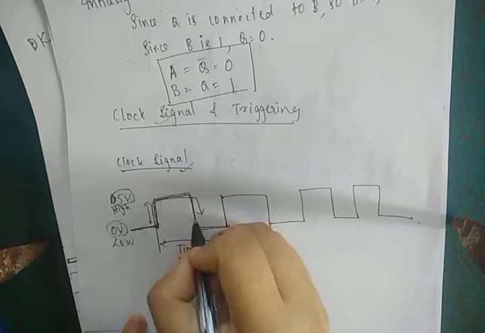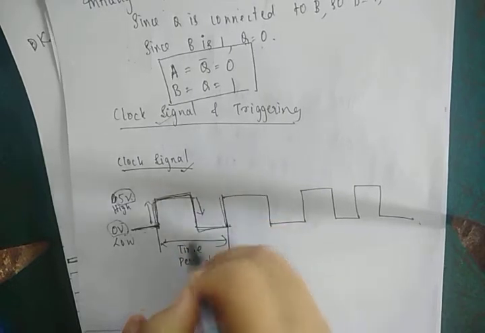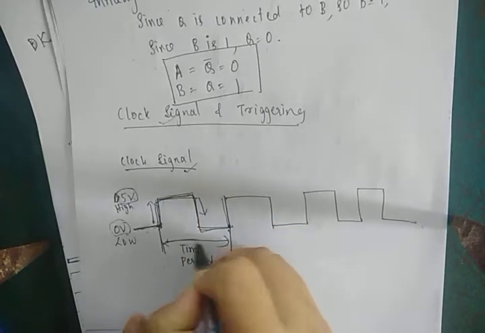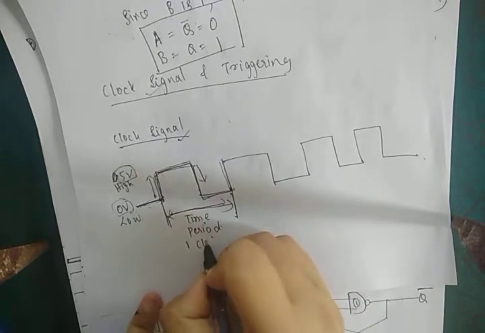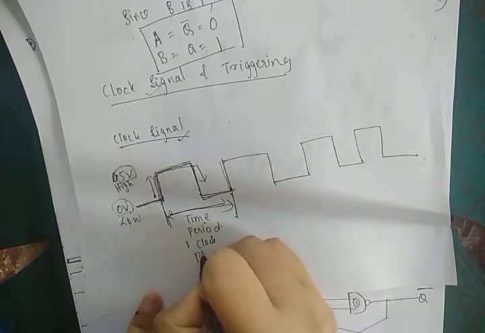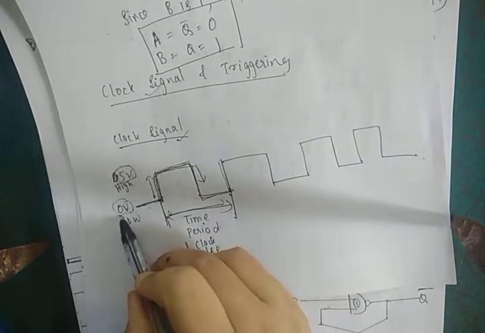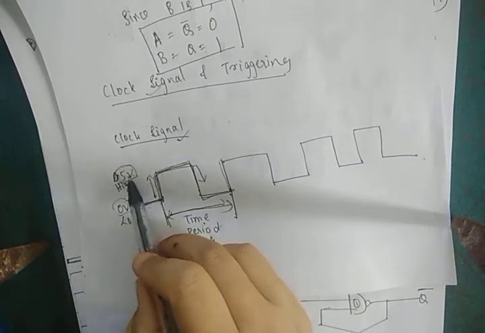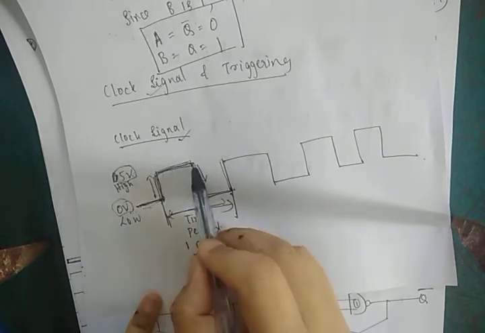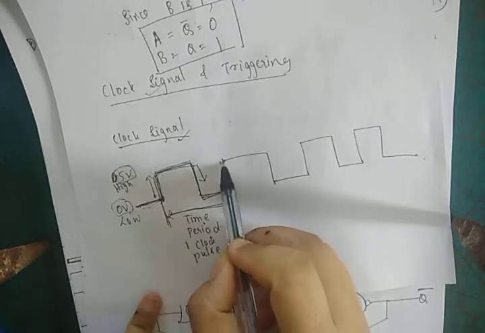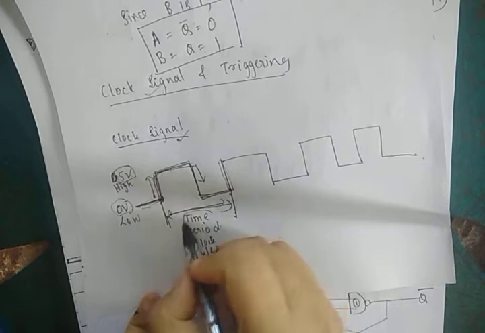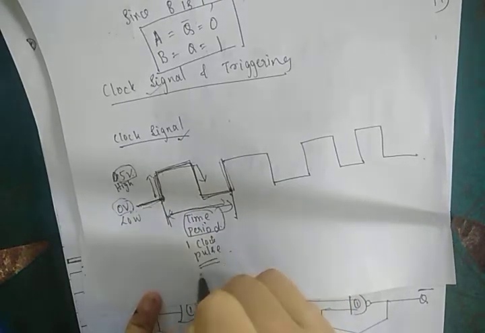One up clock pulse and one down clock pulse together, I call one time period, or one complete clock pulse. Followed everybody? So here I have 0 volts as low and 5 volts as high. One up and one down is called one time period, or one clock pulse.